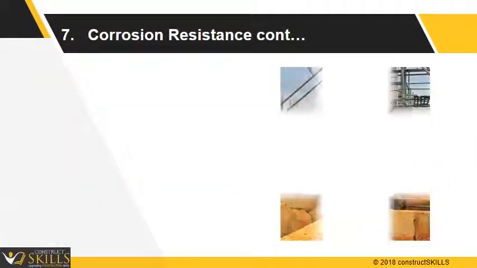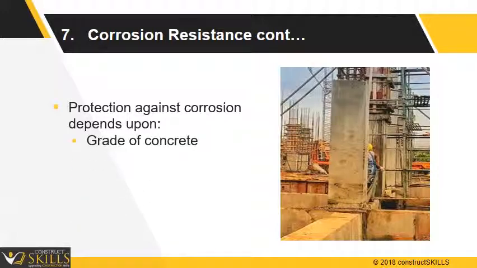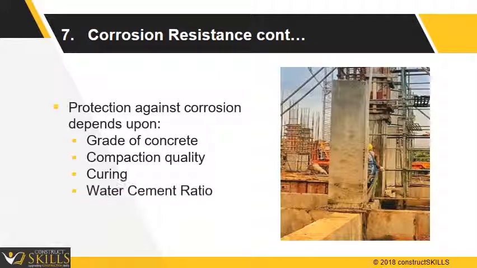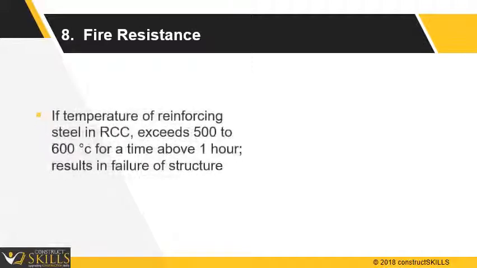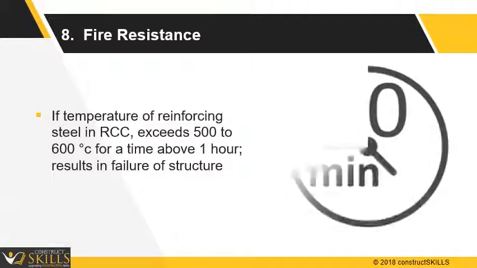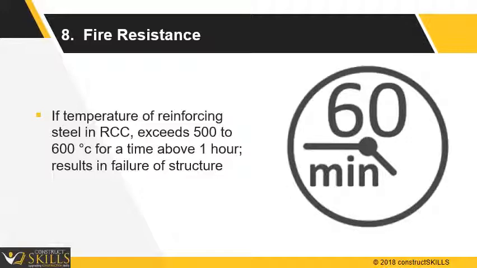The protection against corrosion depends upon grade of concrete, quality of compaction, adequate curing, lower water-cement ratio, and adequate cover. Fire resistance. If the temperature of reinforcing steel in RCC structure exceeds 500 to 600 degrees Celsius for a time above 1 hour, it will result in failure of structure.